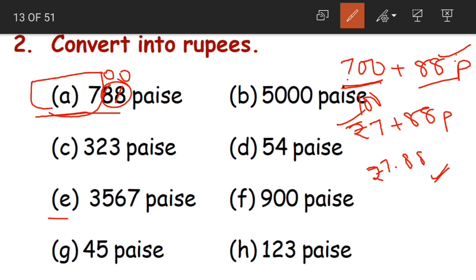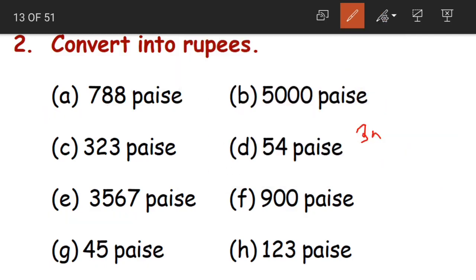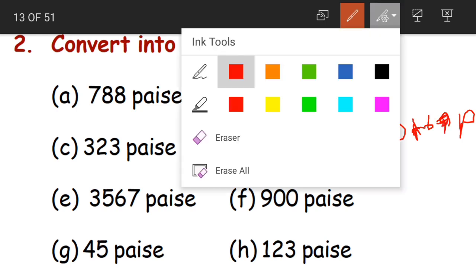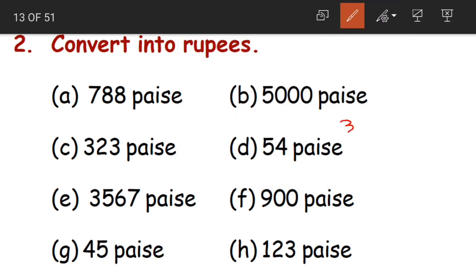For example, in 3567 paise, see, 3500 plus 67 paise, it is written like this. Sorry, it's not written nicely. 3500 paise plus 67 paise.